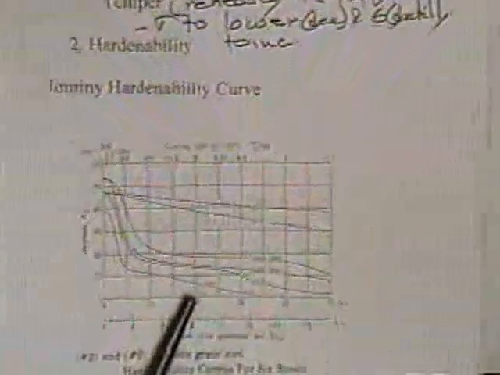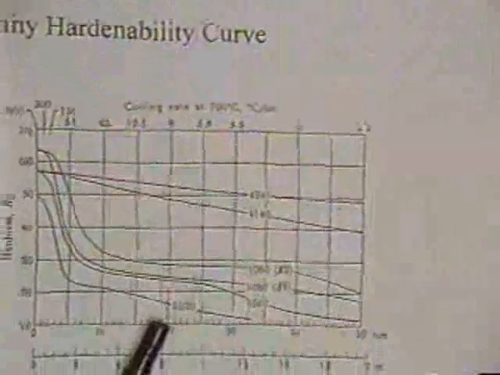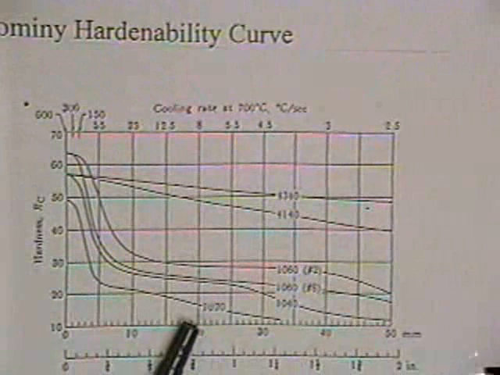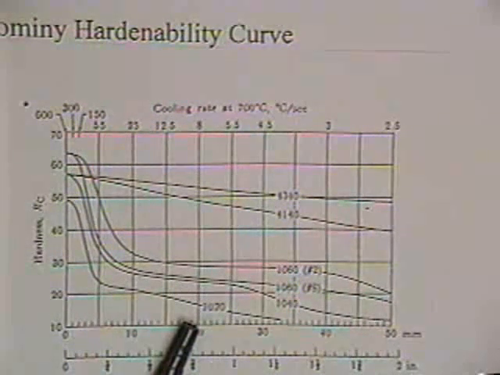A 1020 steel, can we enlarge that a little bit, please? 1020 steel, which is indicated at the bottom there, corresponds to 0.2 weight % carbon and virtually no other alloying elements, a little bit of manganese.